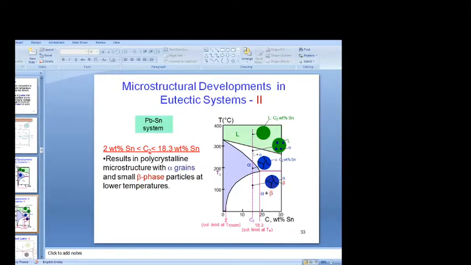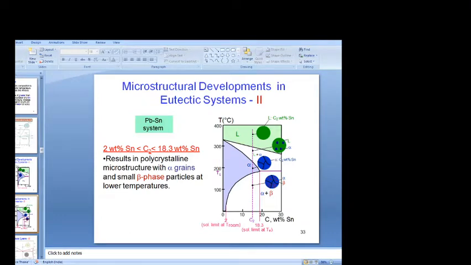And again the same procedure, the vertical line is passing through, as we started from 2%, reached 18.3%, and now we reach 61.9%. So the increasing composition of Sn results in various kinds of development in the microstructure. That is how we are moving one step at a time.